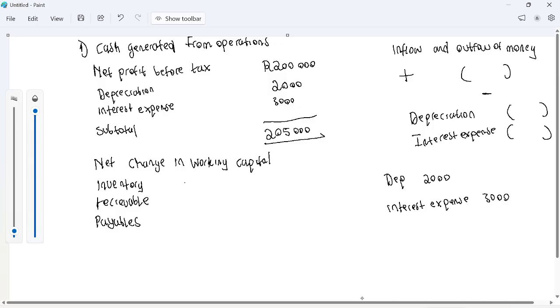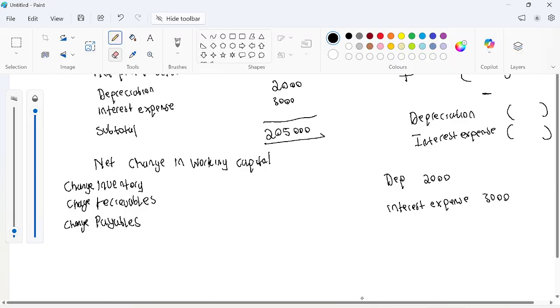But what are we looking for here? We're looking for the change. I can also say change here: change in inventory, change in receivables, change in payables.